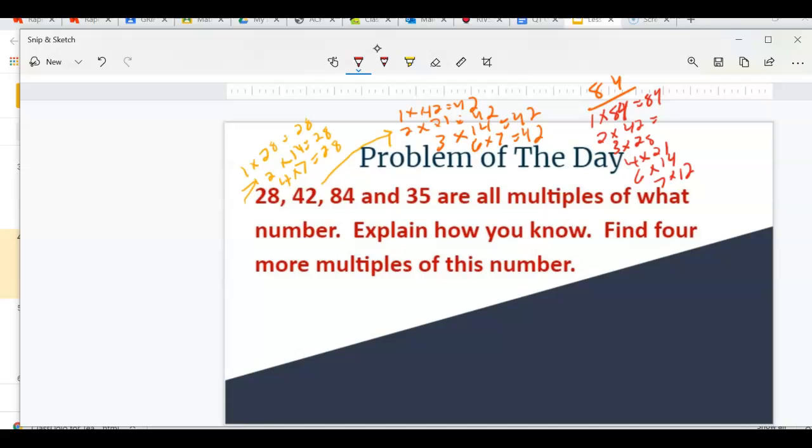They all equal 84, okay? So I'm just going to bring this all the way down because all of these factor pairs equal 84.